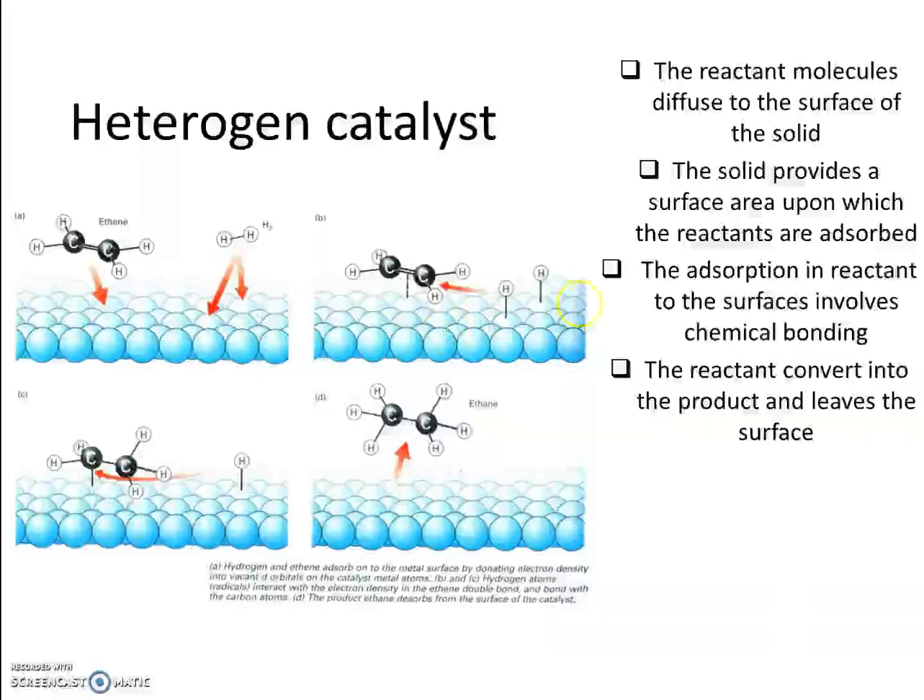When it happens, the solid provides a surface area upon which the reactants are adsorbed. Then the adsorption of the reactant to the surface involves chemical bonding. So when it is adsorbed, a chemical reaction occurs.